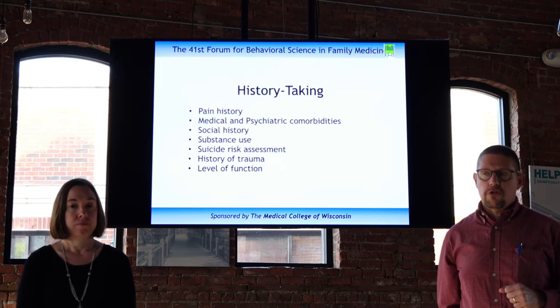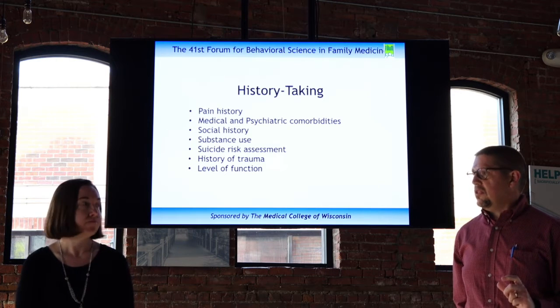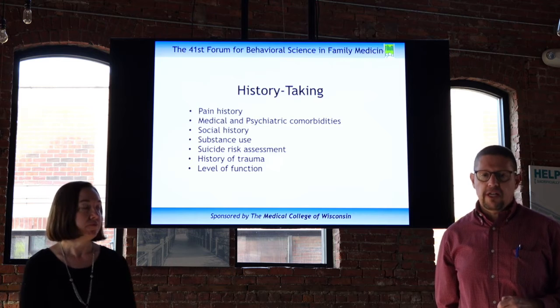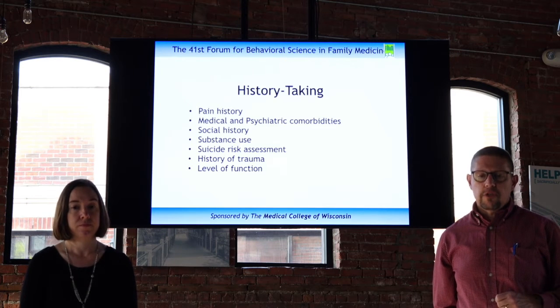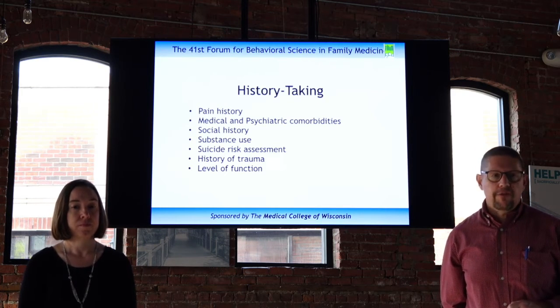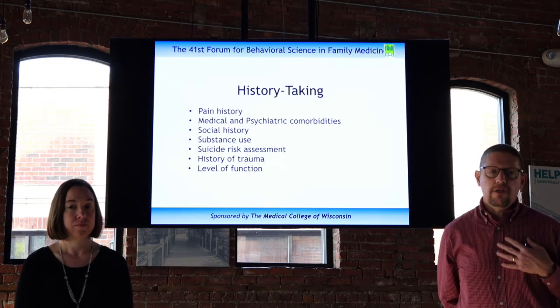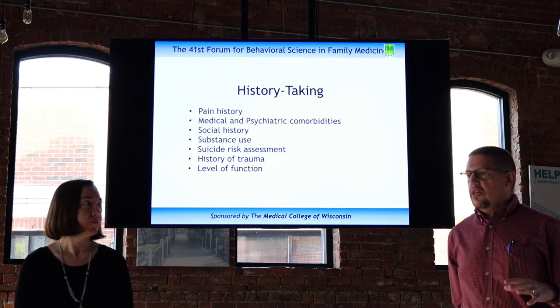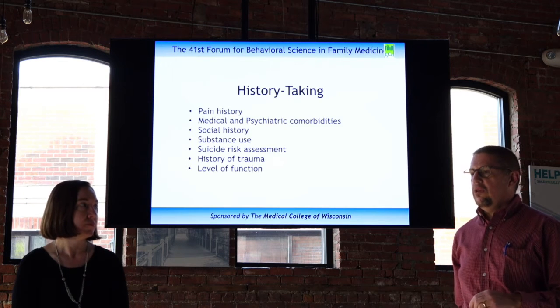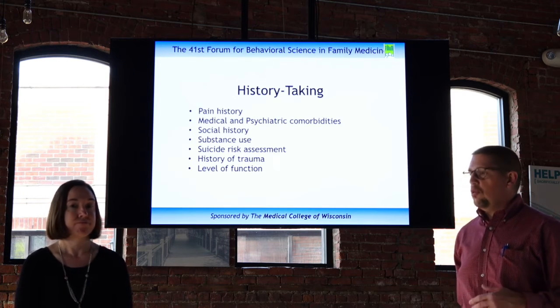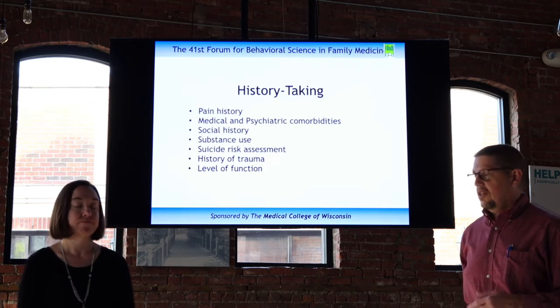And then a history of trauma, that often gets missed, particularly in primary care settings. And we could talk more about that. And then level of function, which is really important. Sometimes, at the risk of getting so focused on some things, we miss what they're doing in their daily lives or not doing, or what they prefer and wish that they were doing. Next.